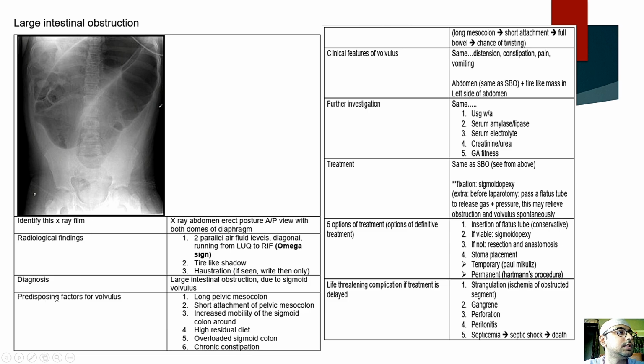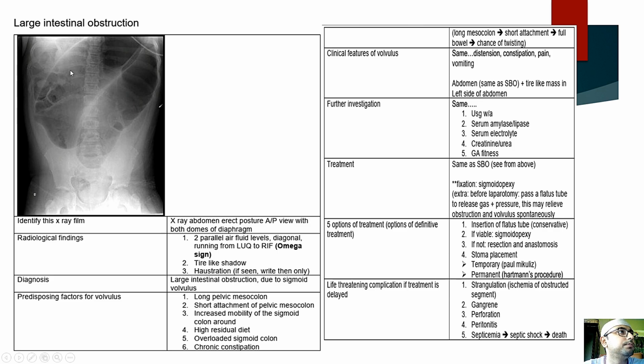Okay. So what are the predisposing factors, the causes of why this condition may happen? Firstly, old age. Patients of old age have limited power of peristalsis. Some elderly patients nowadays complain about constipation and also about diarrhea.